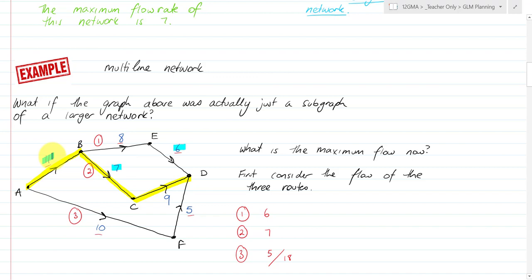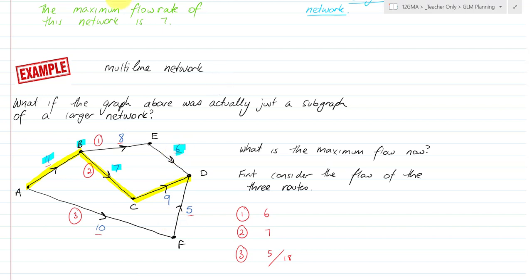So from A to B, I've got 11 cars a minute coming to point B and then adding to the flow along from B to D or along B, E to D. And I can't actually fill the capacity needed to maximize 7 and 6 because that requires 13 per minute.